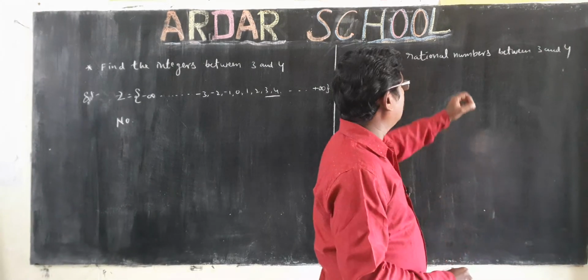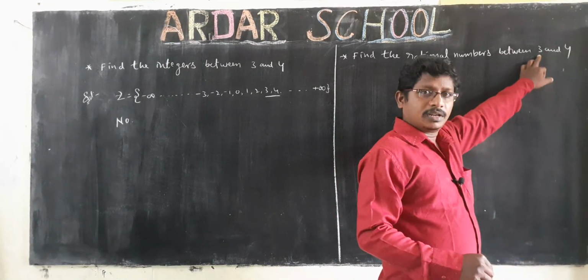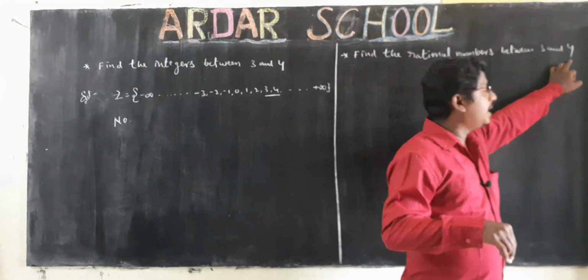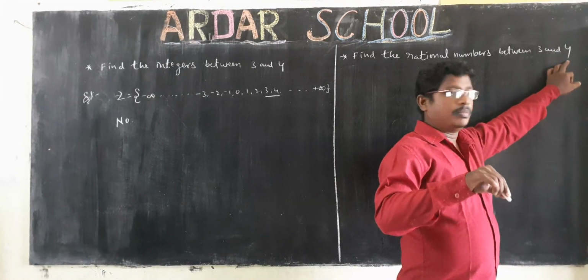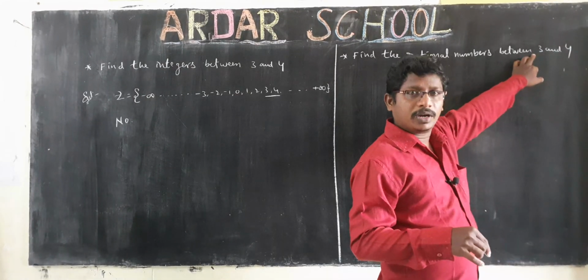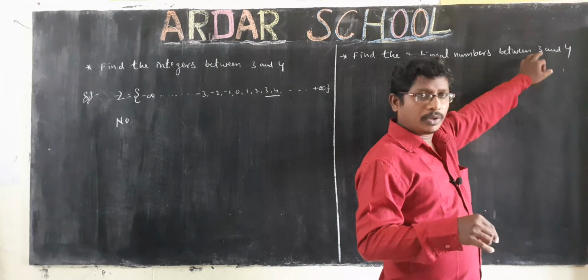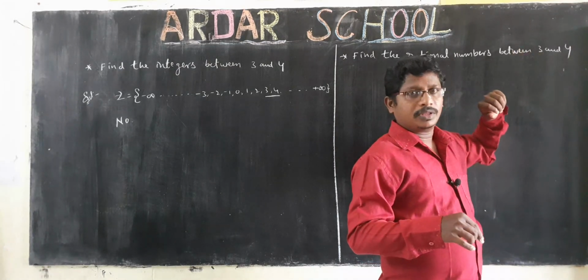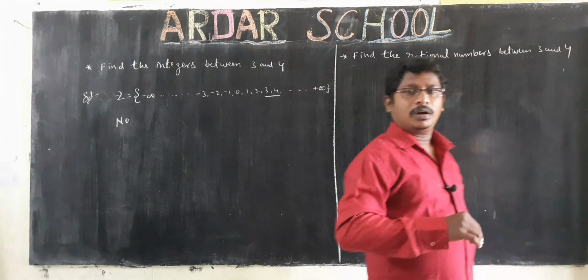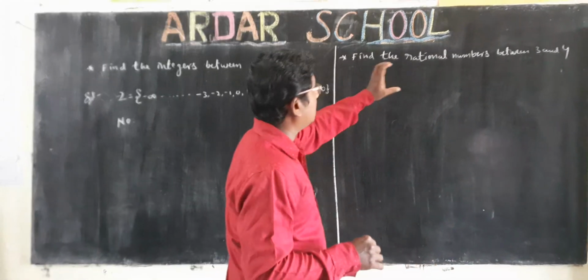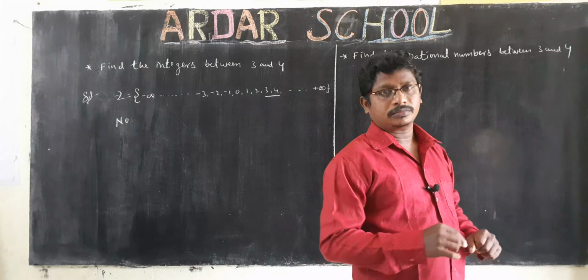Why? Because 3 is an integer and also a rational number, and 4 is an integer and also a rational number. 3 can be written as 3 by 1, which is in the form p by q. This is a rational number. That's why 4 by 1 is also a rational number. How to find a rational number between 3 and 4?